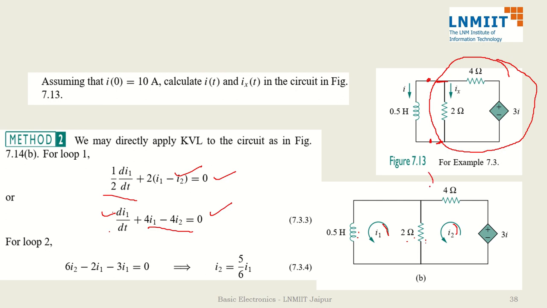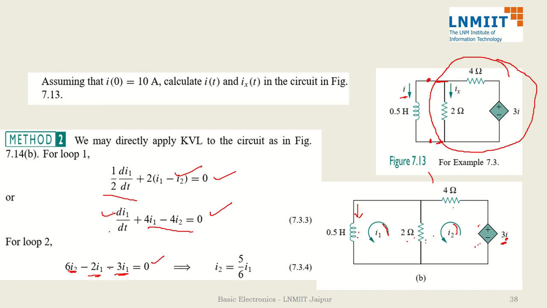For loop 2, the voltage drop across this one is minus 3I plus 4 times I2 plus 2 times (I2 minus I1). And what is I? I is basically this current, which is I1. So the drop here was minus 3I1, giving 6I2 minus 2I1 minus 3I1.